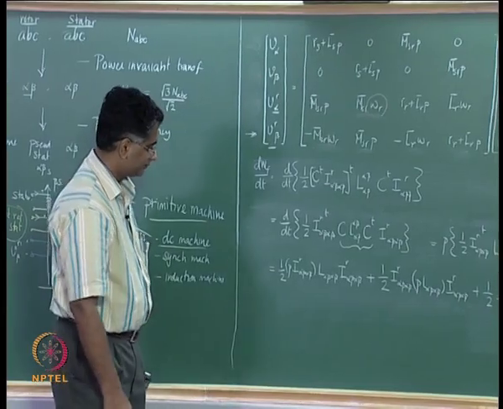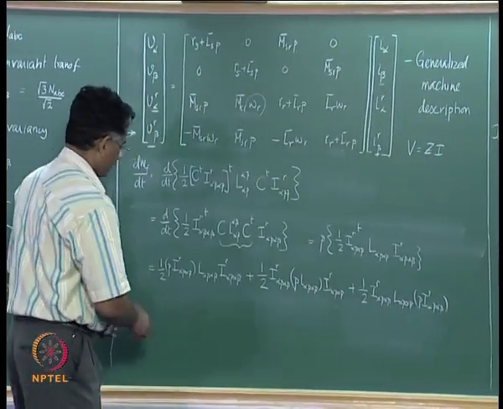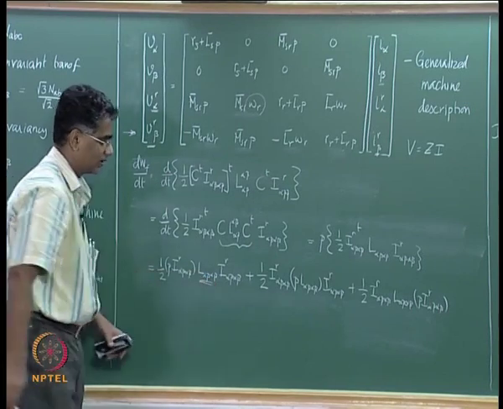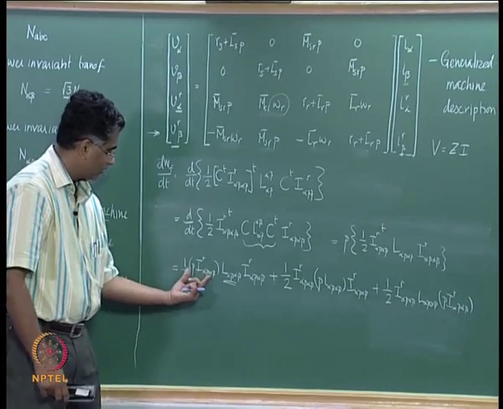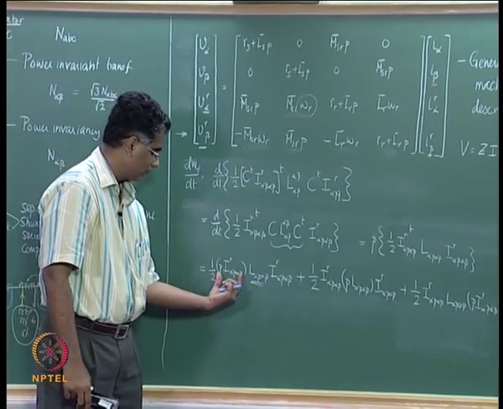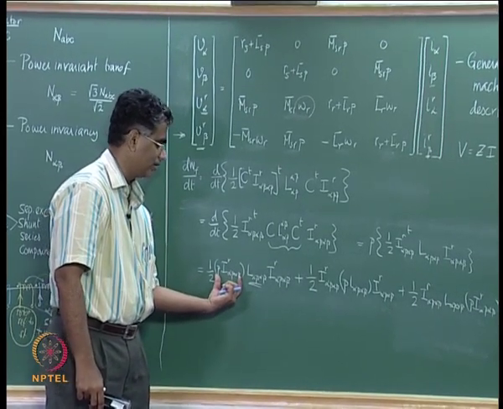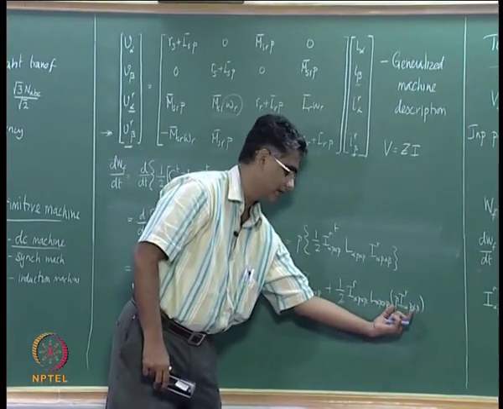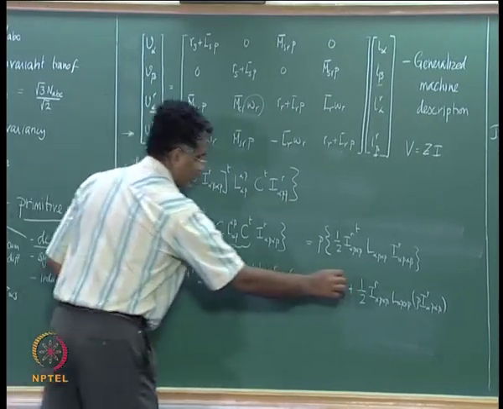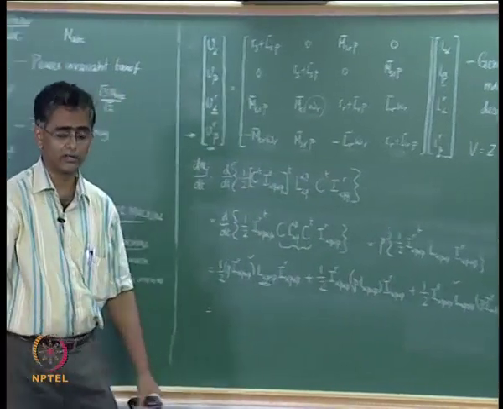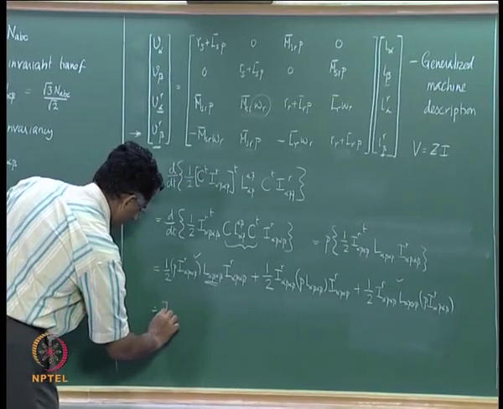In these three terms, if you look at the first term and the last term, this matrix L alpha beta is a symmetric matrix, and therefore if you multiply this matrix with P I r alpha beta here and P I r alpha beta later, these two being the same, this term and this term would be identical.